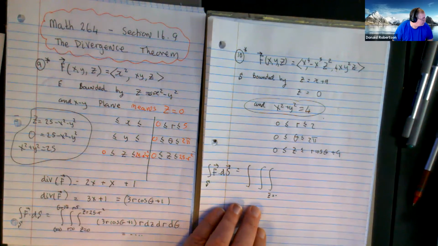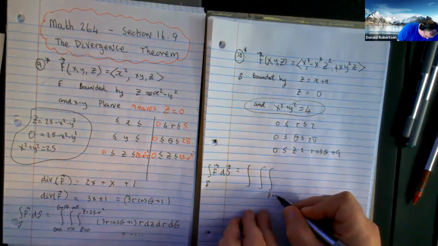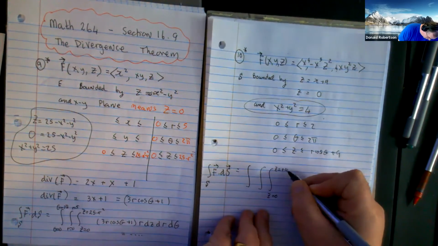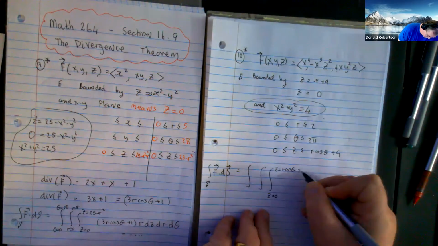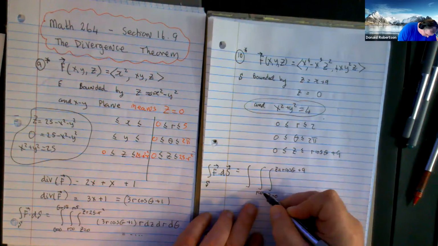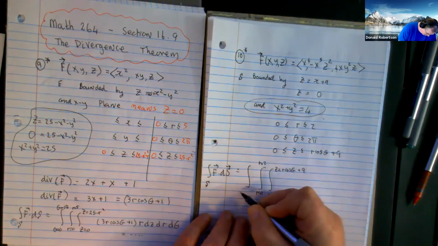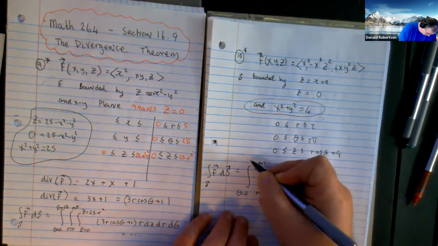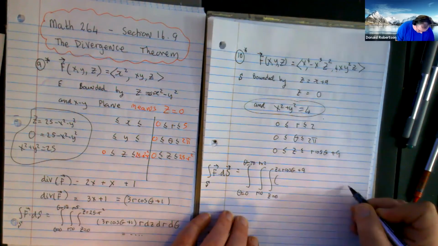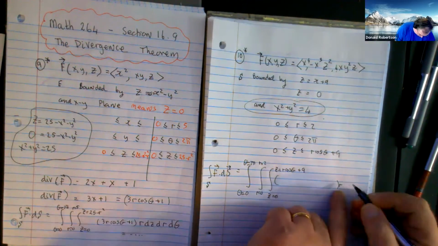Z equals 0 to z equals r cos theta plus 9. And then I'll do the r from 0 to 2, and I'll do the theta 0 to 2 pi. In here is going to go the divergence.